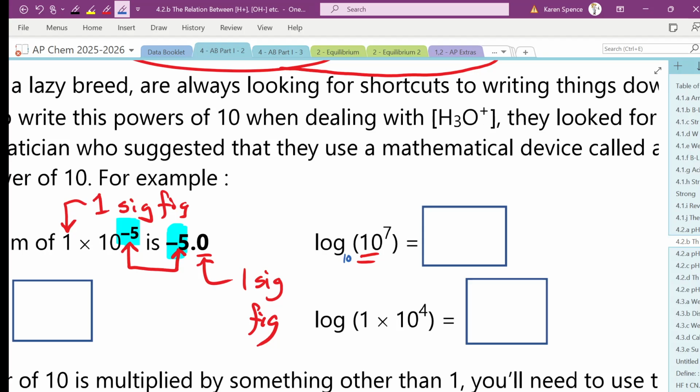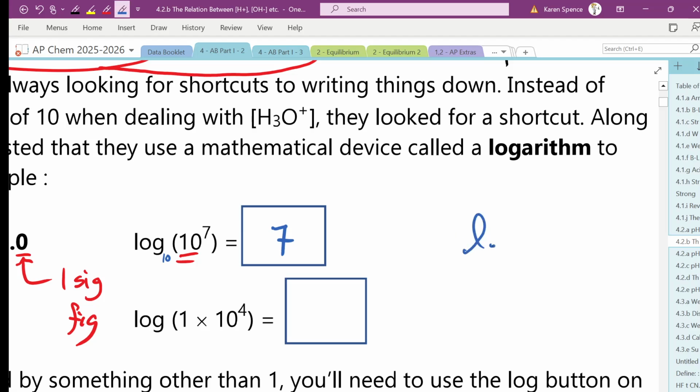It says, if I'm taking the log of this thing, then my answer is the power. So if I had a log base 3 of 3 to the 6, then my answer would be 6. Okay? I don't know anyone who takes a log base 3 of anything. Usually you only take log base 10 of something because 10 is something useful to have lots of powers. Or you do log base e, and I don't remember much about that.